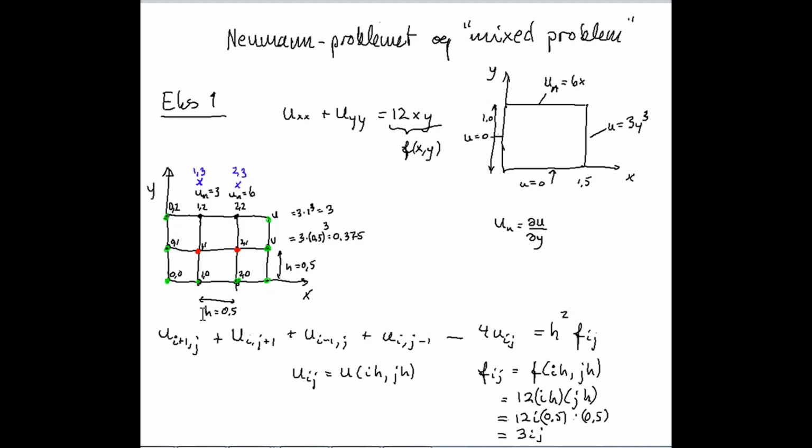So in our example we have chosen h to be equal to 1/2. So h is the side length of these small squares.